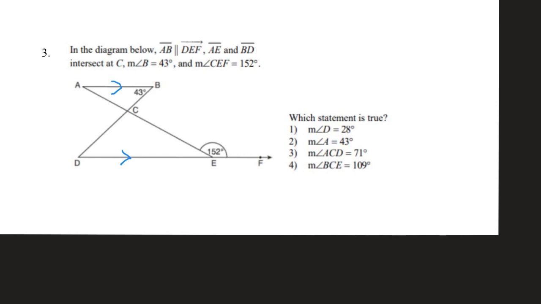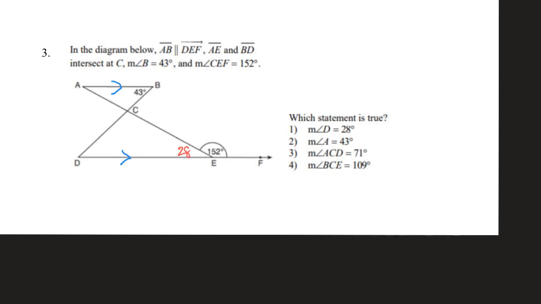Well, for that, we need to look at triangle DCE. We can figure out E because E and this 152 are a linear pair with each other. So angle E is going to be 180 minus 152, which gives us 28. So this guy is 28.